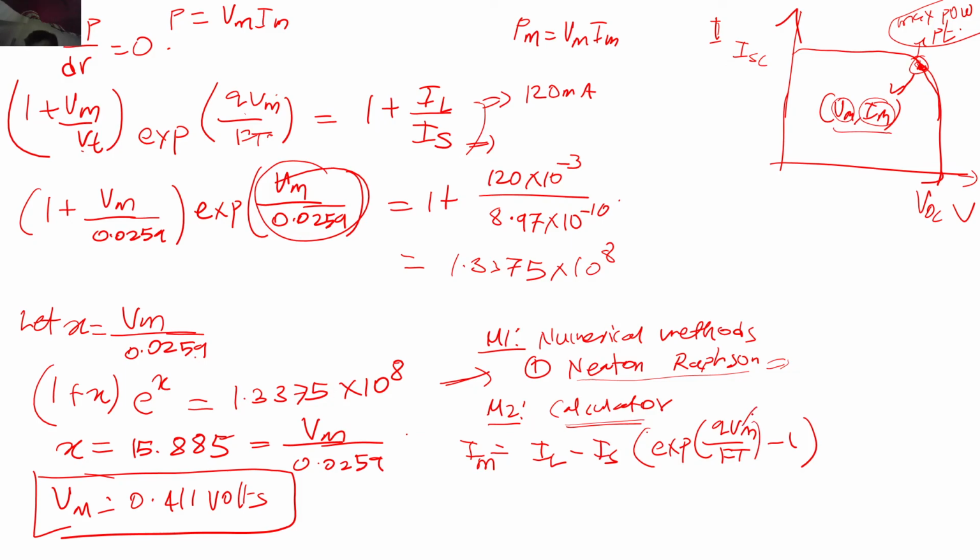I know the value of Vm, I know Kt by Q, I know the value of IL. IL is 120 milliamperes, and IS I have already calculated, 8.97 into 10 to the power minus 10. So the moment you substitute the value of Vm in this equation, you are going to get the value of Im. The value of Im is going to come out to be 112.89 milliamperes.